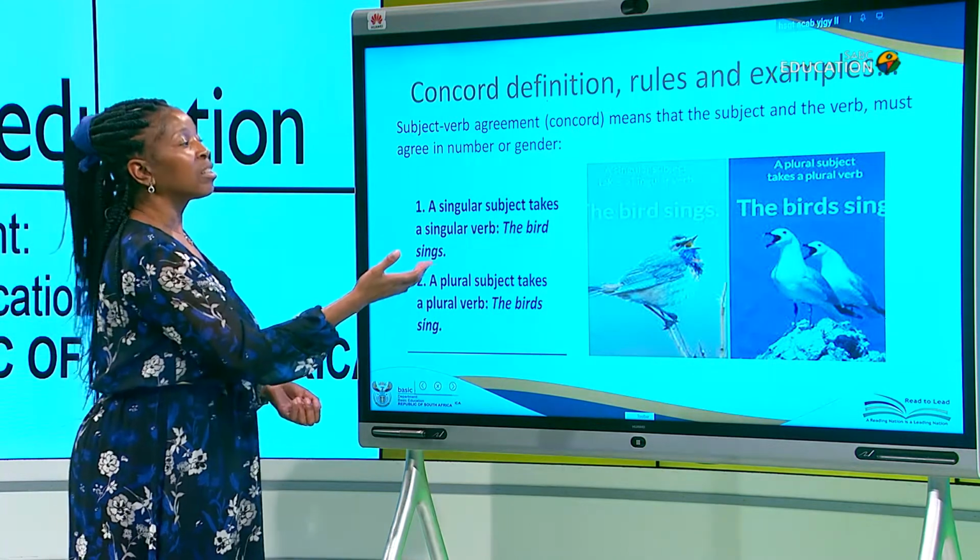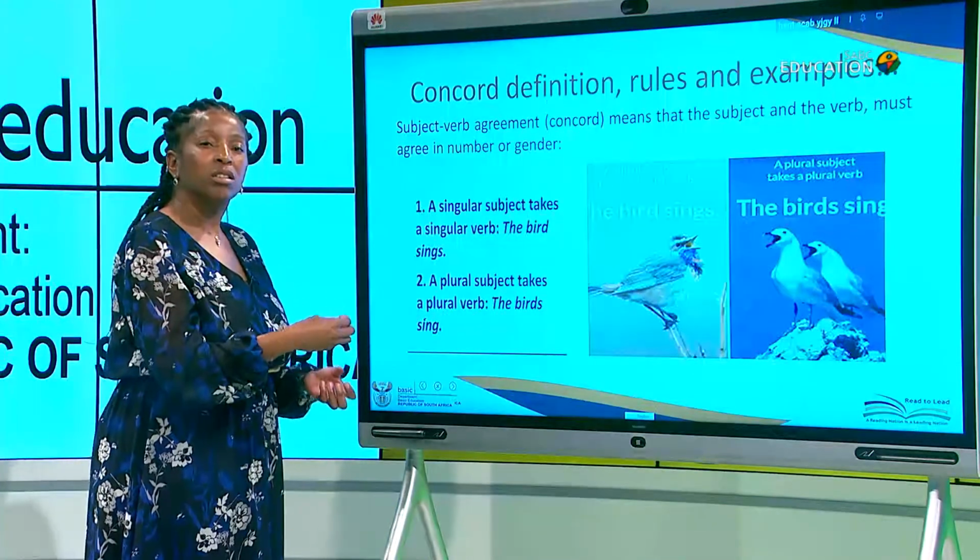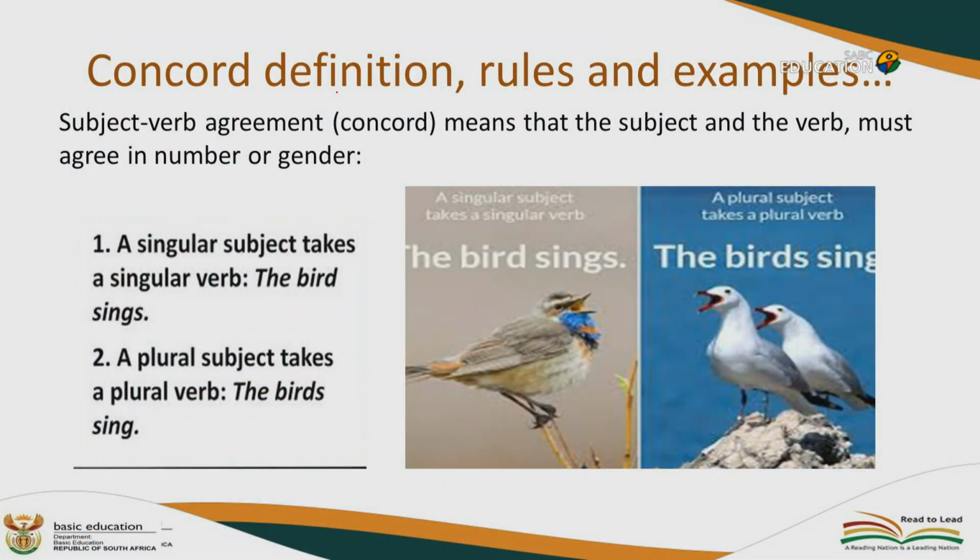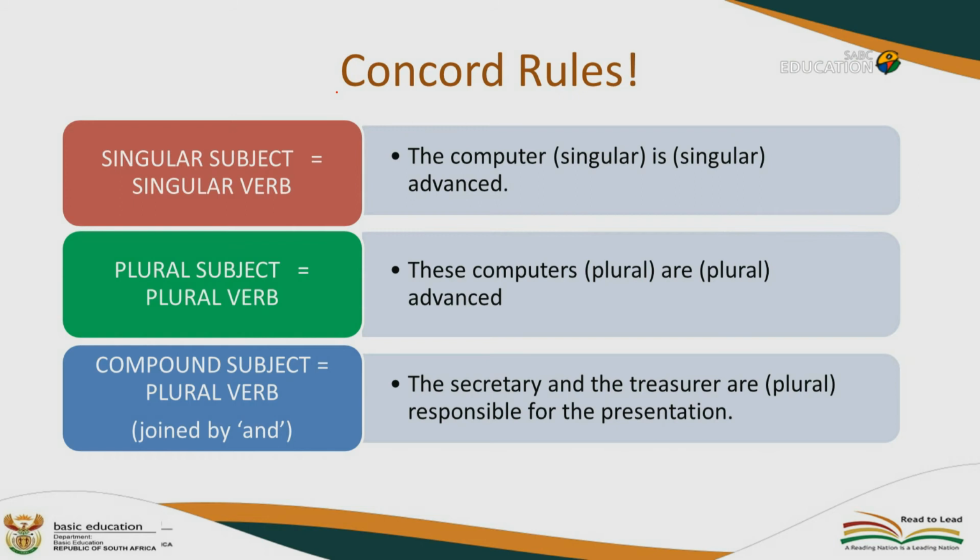One means that the subject is singular. Singular means one and plural means two. So you cannot say the bird sing. You need to say the bird, which is one, sings, which is also one. A plural subject takes a plural verb. The birds sing. Okay, it's a simple example.